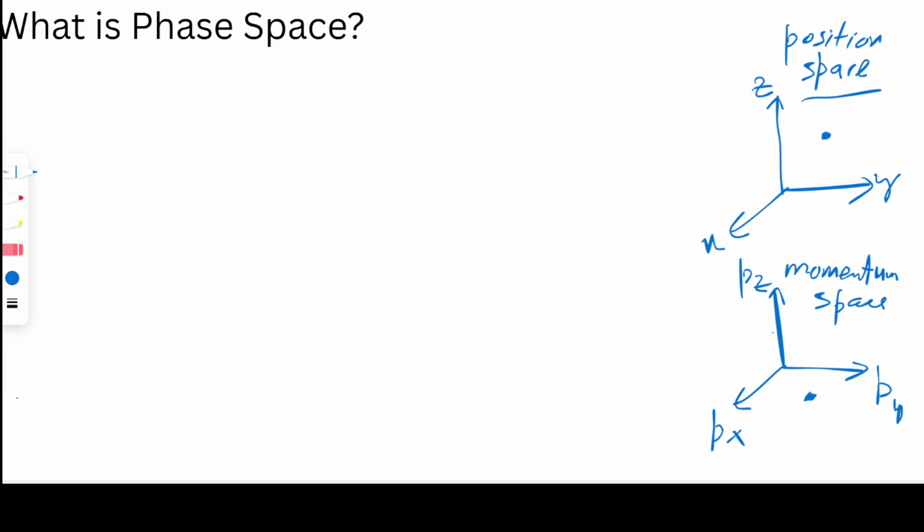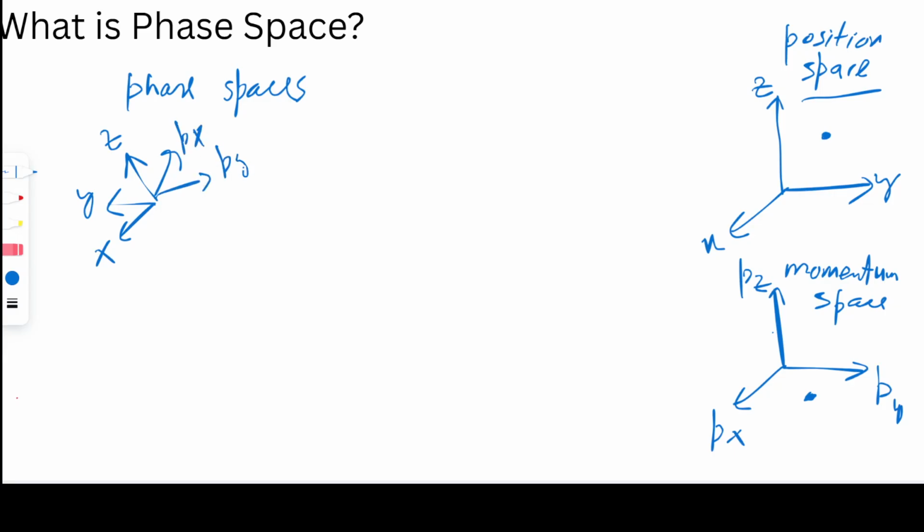On the other hand, the phase space combines these two descriptions into a six-dimensional coordinate system where the axes are both position and momentum, and they're all treated equally. So if there is a point here, this represents both its position and momentum.